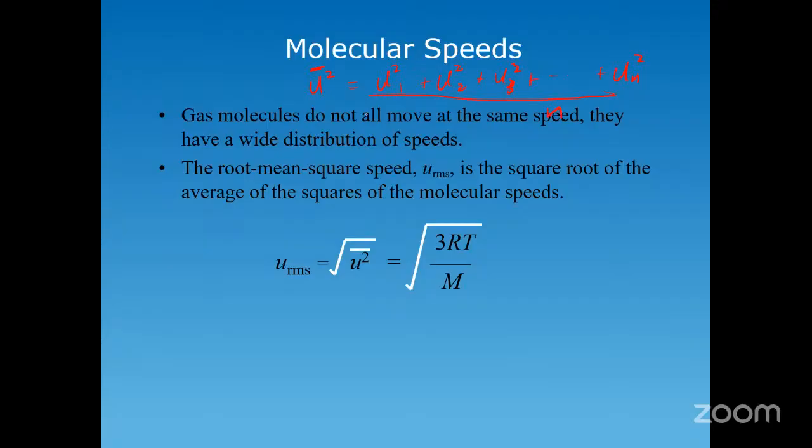So all of this here represents the average of the squares of the speeds of the molecules. It turns out that we can actually calculate the square root of that value. What we're interested in is finding the root mean squared speed. That will be equal to the square root of the mean squared speed. And it turns out that this is equal to this equation right here, which is the square root of 3RT over M.